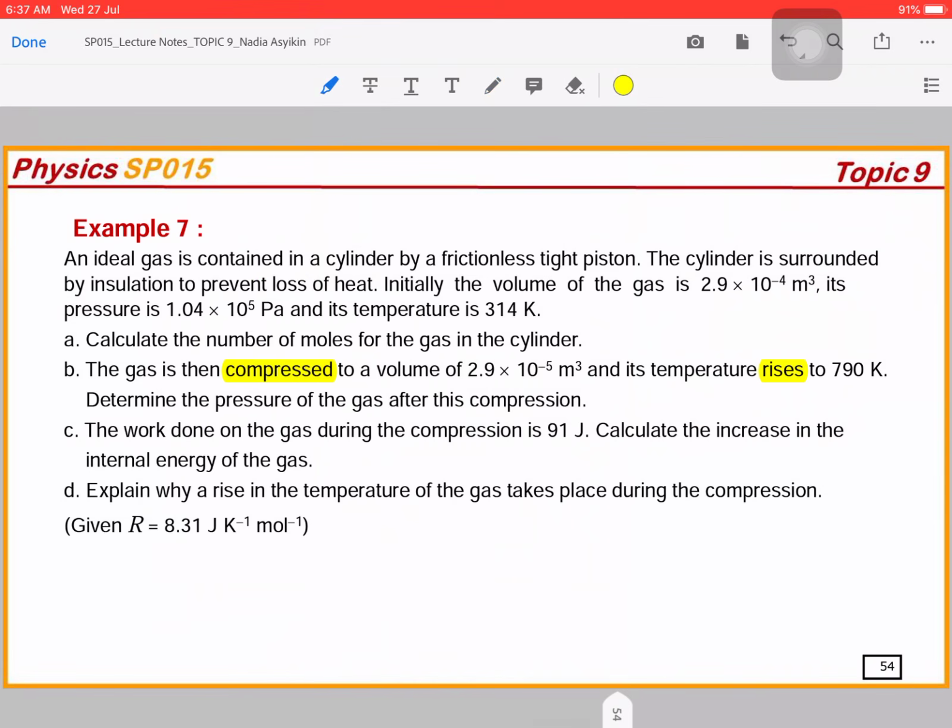Okay, dia nak cari P. Next, the work done on the gas during the compression is 91 joule. Calculate the increase in the internal energy of the gas. So, increase, dia nak delta U. And explain why a rise in the temperature of the gas takes place during the compression.